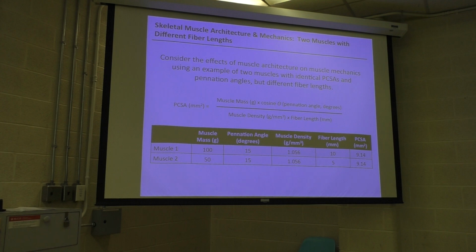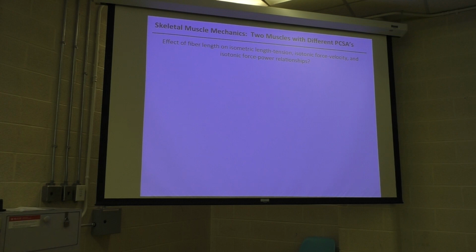All you're doing is changing the length of the fiber. It's either going to decrease or increase depending on longer or shorter. Mm-hmm. So increasing the length of the fiber. You're probably going to decrease.